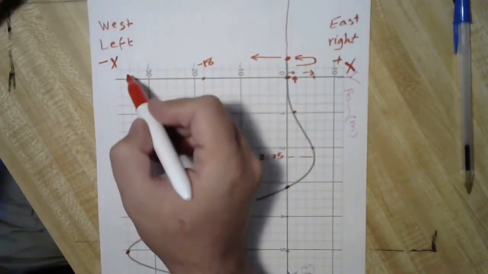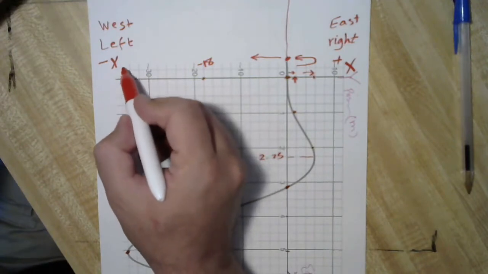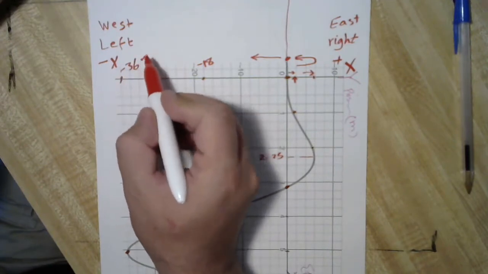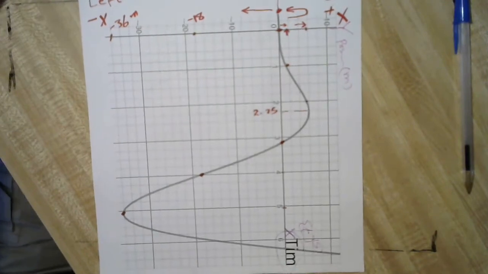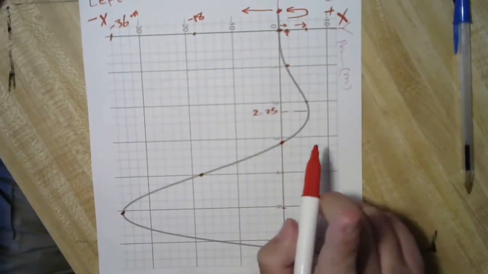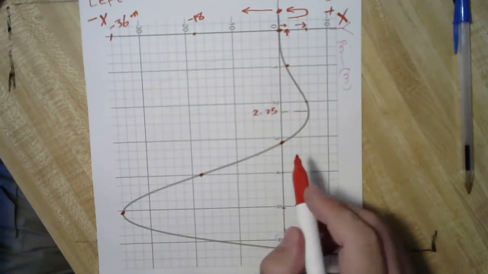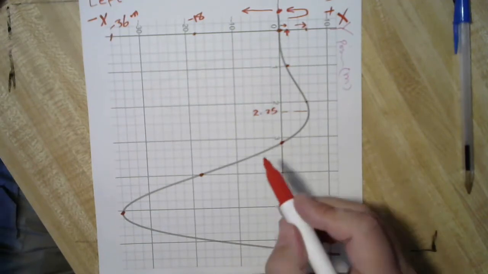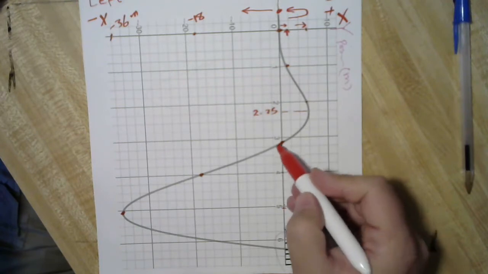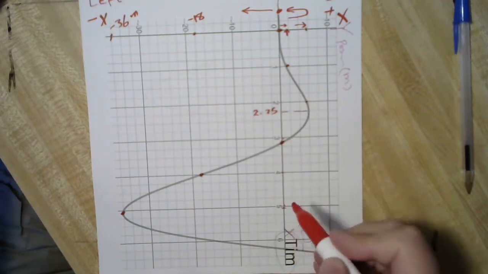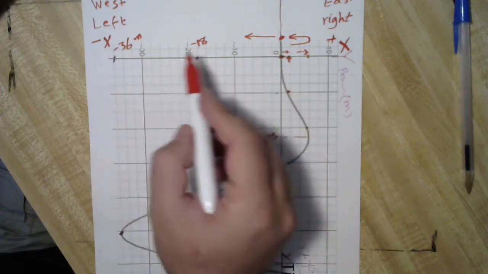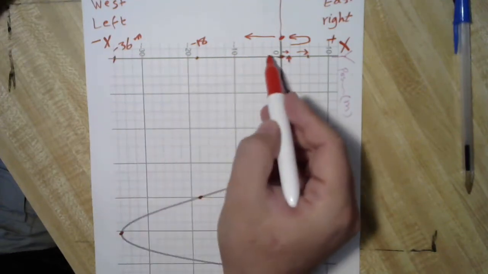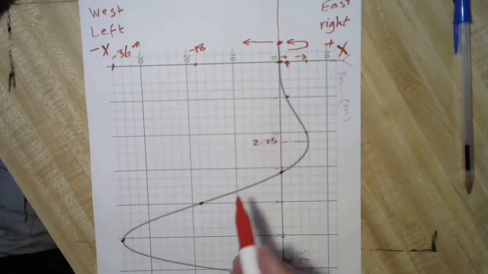The returning point is about minus 36 meters. Now you can see that within 2 seconds, from 3 to 5, the body passes almost 36 meters in the negative direction, or to the left or west.